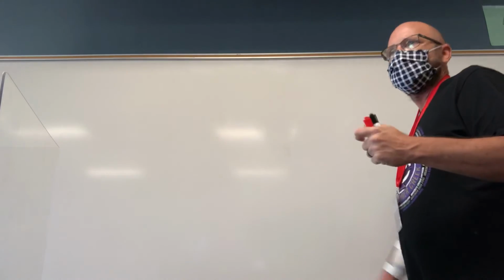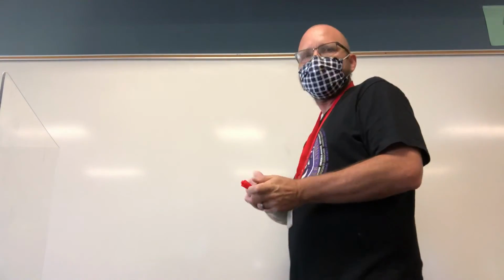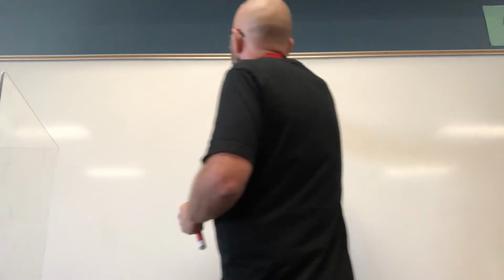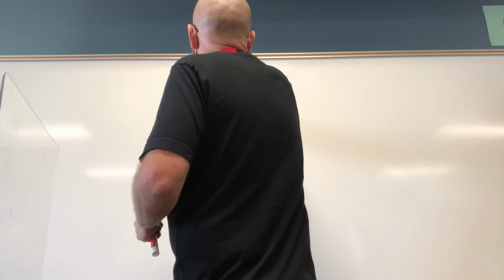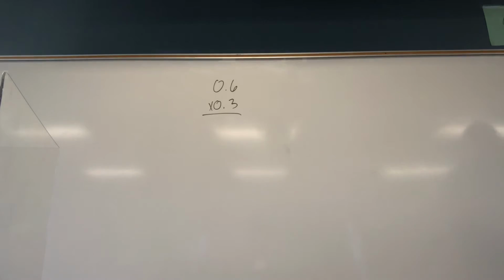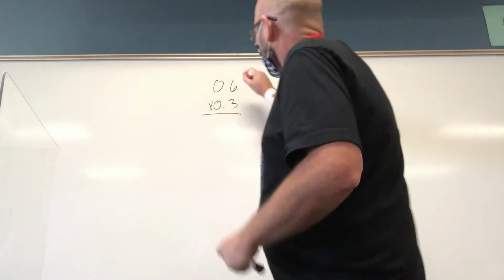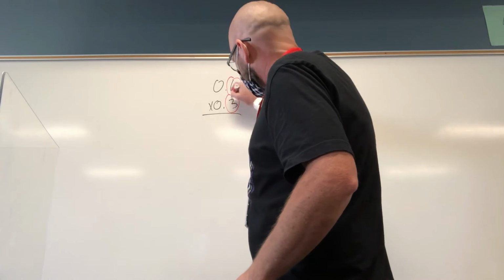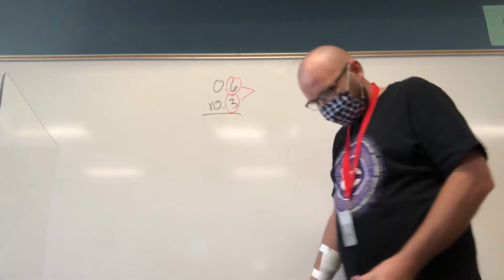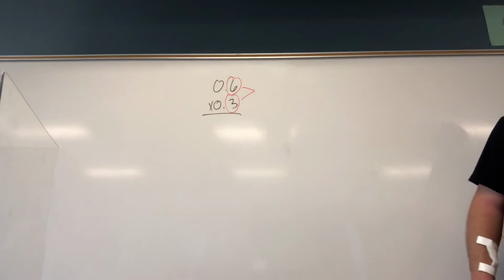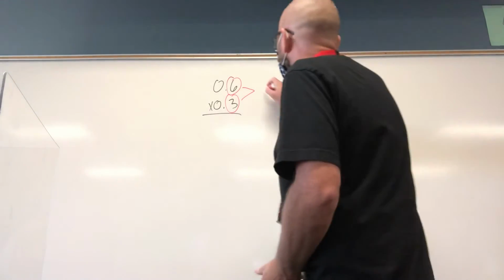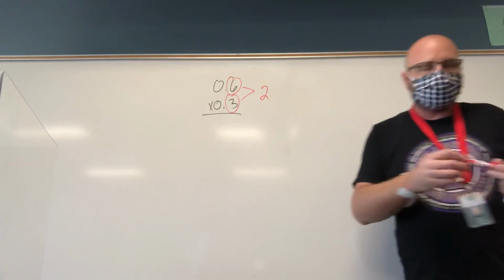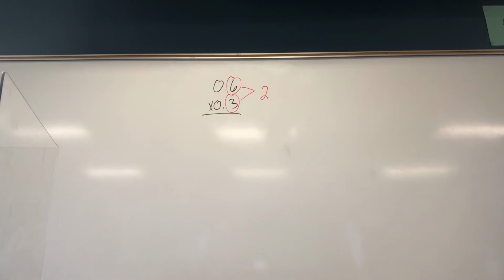The first one we did, 6 tenths times 3 tenths. When multiplying using the standard algorithm, the first thing you do is count how many numbers are behind the decimal point in the problem. 2. That means there has to be 2 numbers behind the decimal point in the answer.